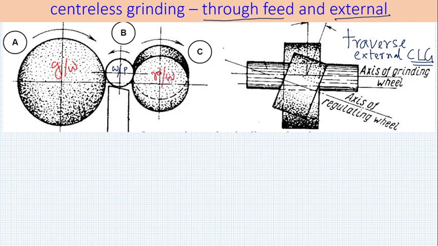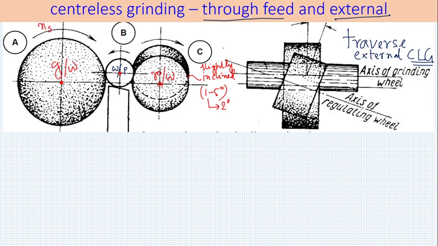In the earlier one, the axes of the grinding wheel, workpiece and regulating wheel were all parallel, but here it is not parallel. This regulating wheel is slightly inclined. When I say slightly inclined, how much? 1 to 5 degrees. Most books report around 2 degrees, but in industry it can be less or a bit higher.